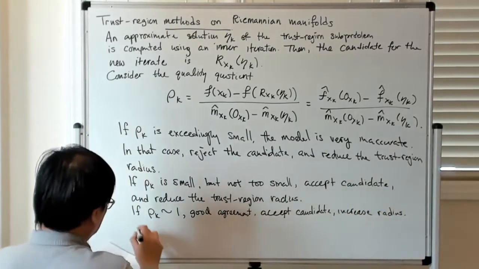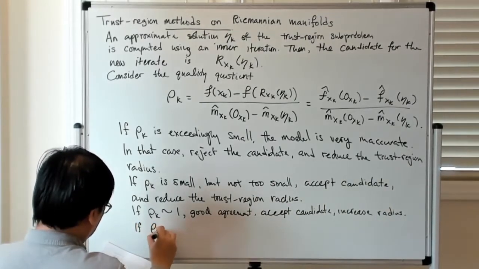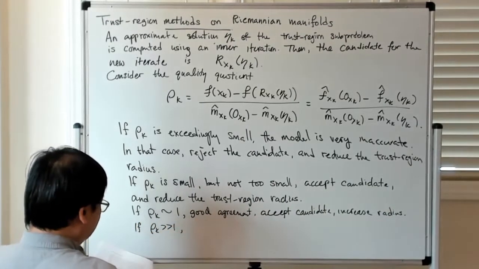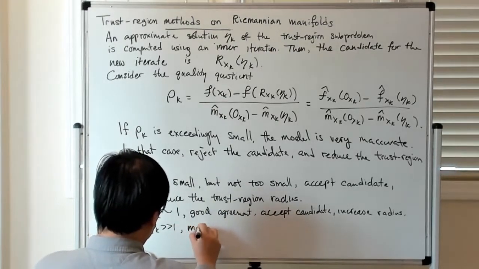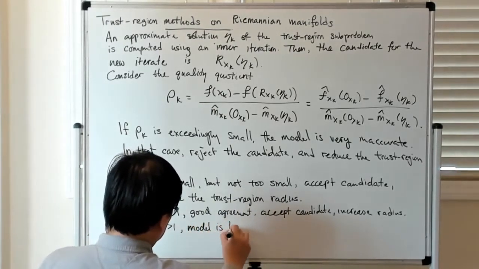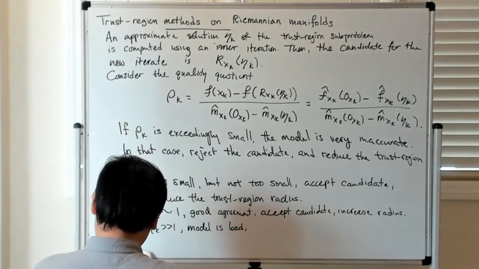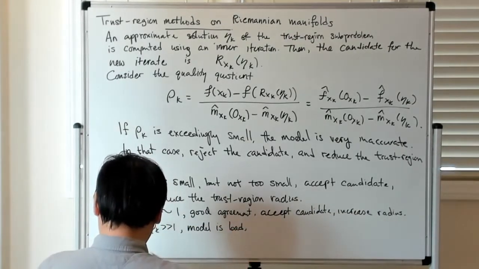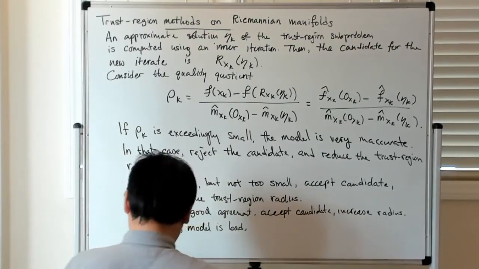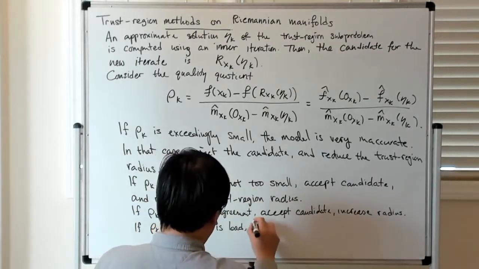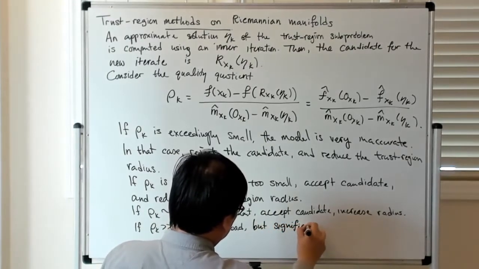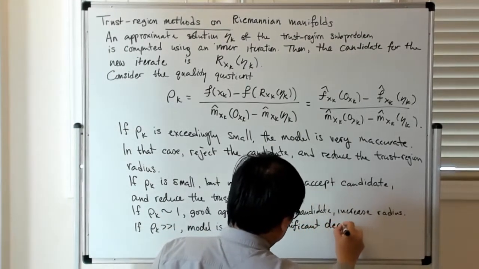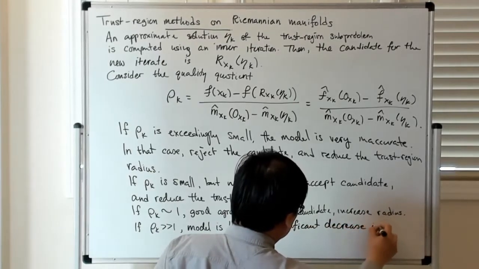Okay, you could have a possibility that rho k is much greater than 1, so that the model is still bad, right? But you have a good decrease, a significant decrease in the cost function.